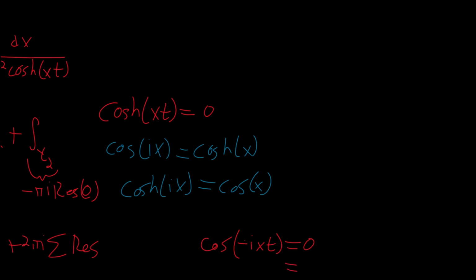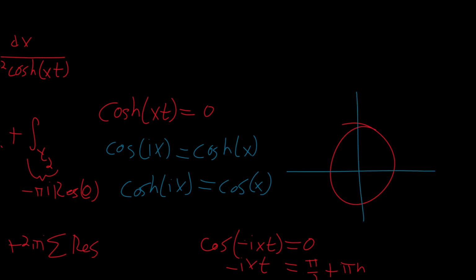We find that this minus ixt must be equal to pi over 2 plus some pi n, because if we think about our unit circle, cosine is only 0 when it's on this vertical axis, the y-axis, or imaginary axis if you will. And that only happens when it's pi over 2 or some odd multiple of pi over 2.